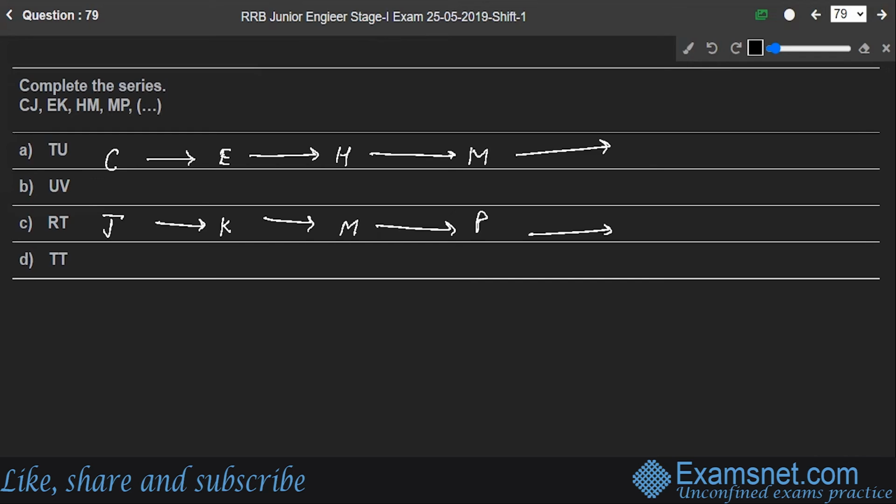C is at position number 3, J is at position 10, E is at 5, K is at 11, H is at 8, M is at 13, and P is at 16. Okay. So here you have +2, +3, +5.